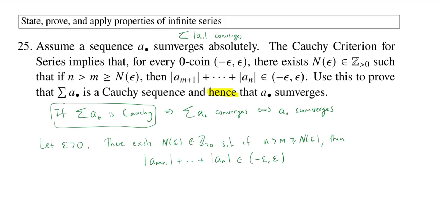Well, if we want to show we have a Cauchy sequence given by this sum sequence, we would need to show that if I looked at the sequence a dot and I looked at the nth term, or maybe the mth term, whatever, and I subtract the nth term of this sum sequence, that this is less than epsilon, right? So this is what we want, okay, for large enough m and n.